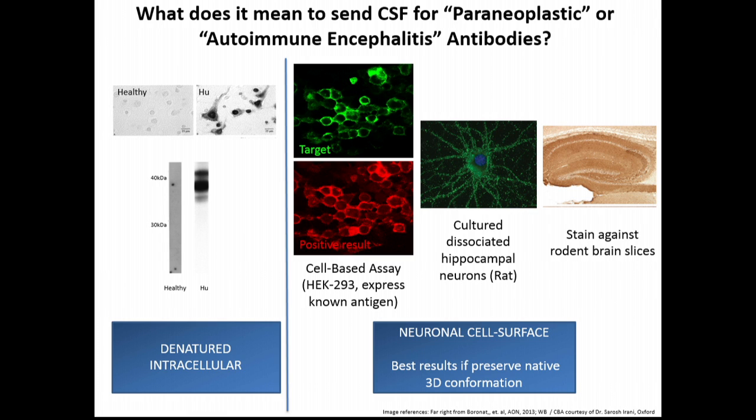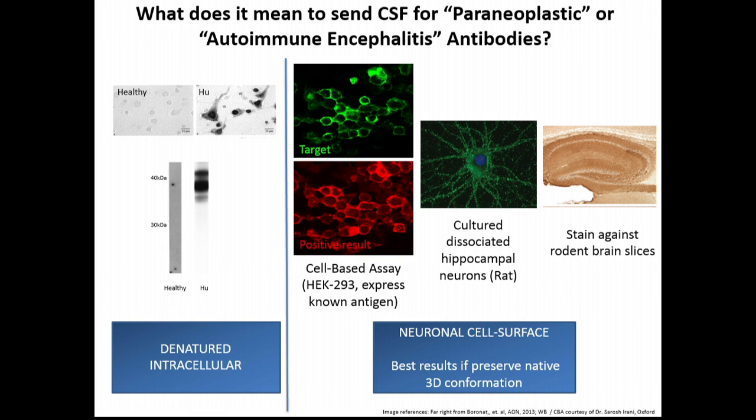And then usually the labs will then confirm it with one of these other two assays, either with cultured hippocampal neurons. That's currently research only. That's not part of any CLIA certified lab. Or through brain slices, typically rat or mouse, and then staining it that way.